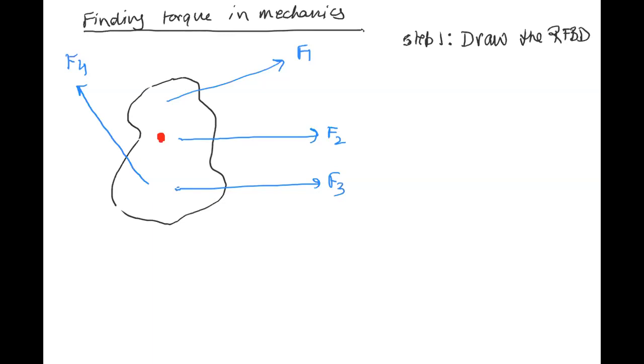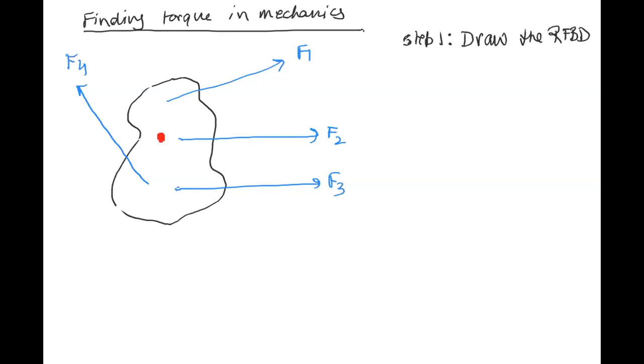So to draw the free body diagram here, which we will call the rotational free body diagram, there's only one difference really between the rotational and the translational free body diagram, and that is that in the rotational free body diagram, you draw the forces as and where they act.